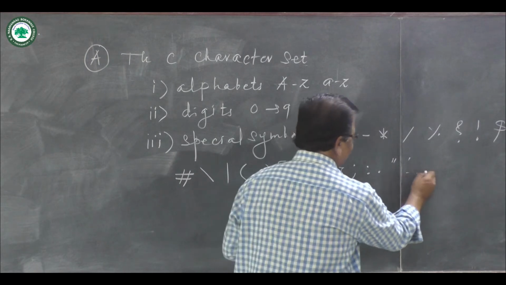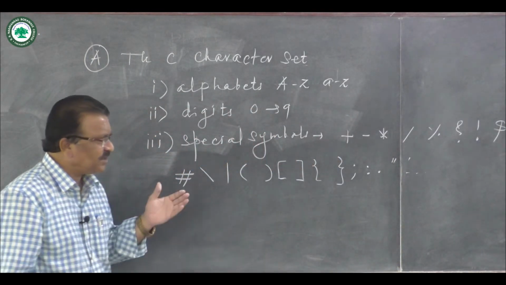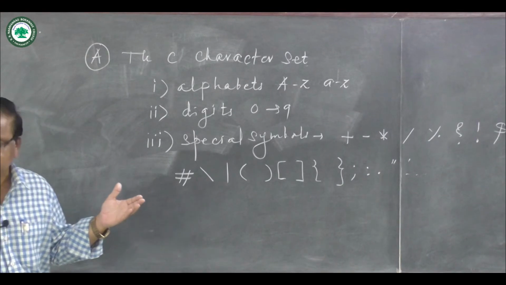These are various special symbols, in all 32, that are permitted in C.